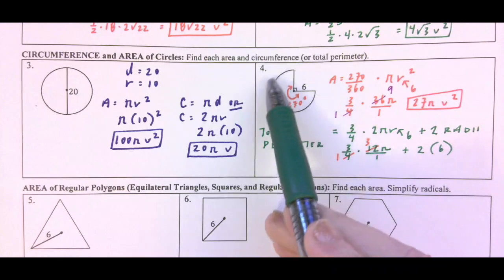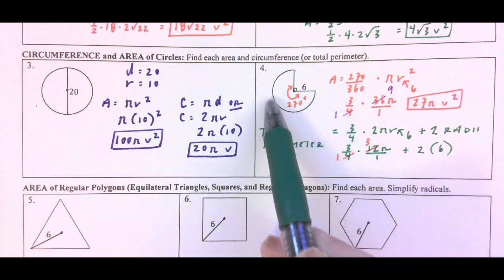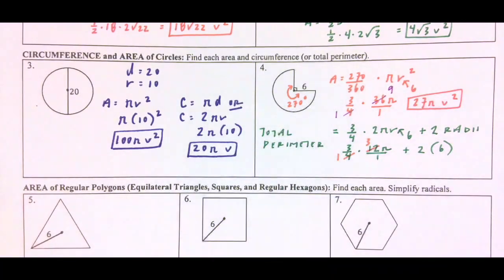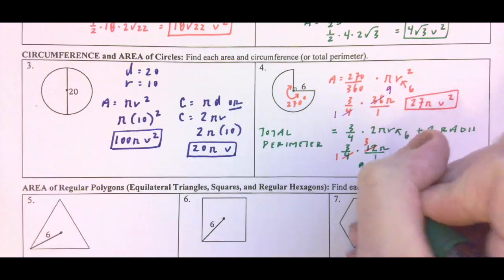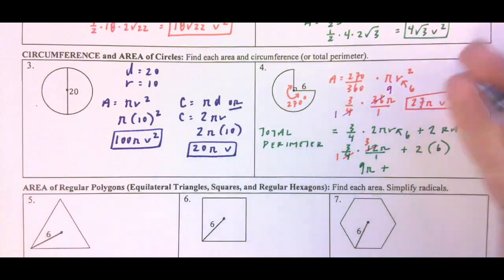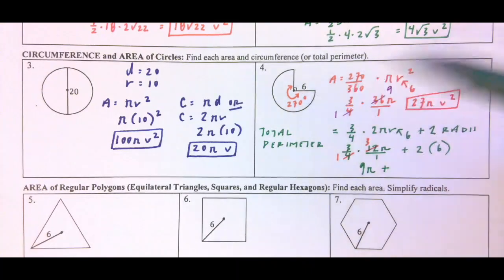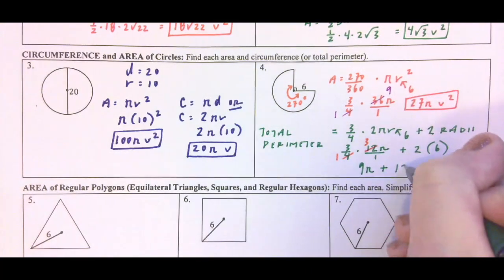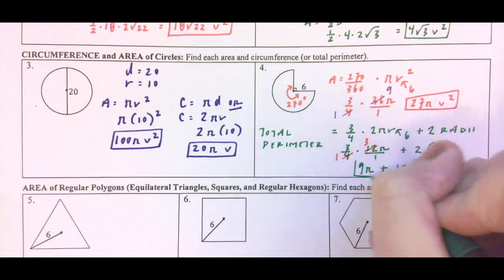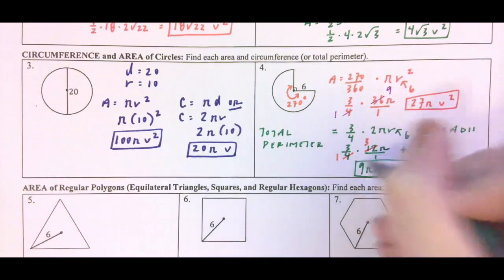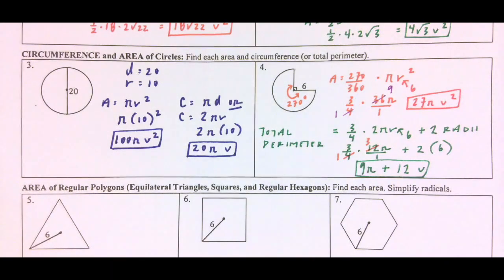So this portion here is really 3/4 of the total circumference. So that ends up being 9 pi. And then I have to add the 6 right here and the 6 right here, which make up 12 total. All right, my answer here, 9 pi plus 12 units.